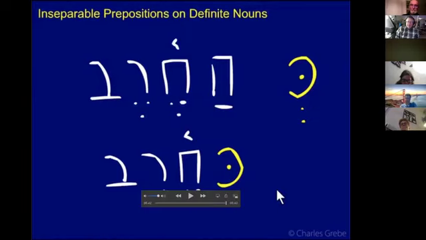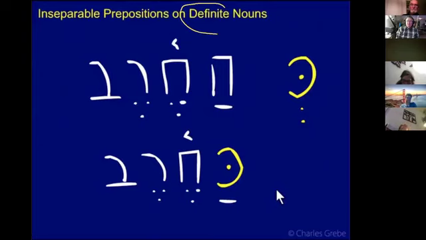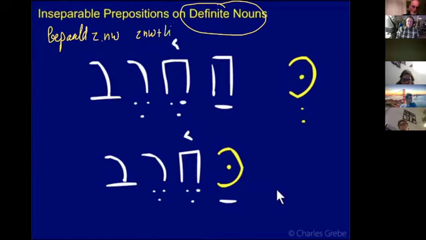En nog even voor de duidelijkheid, voor het taalgevoel. Een definite noun is een bepaald zelfstandig naamwoord. Dat wil zeggen dat er een zelfstandig naamwoord is, plus het lidwoord.